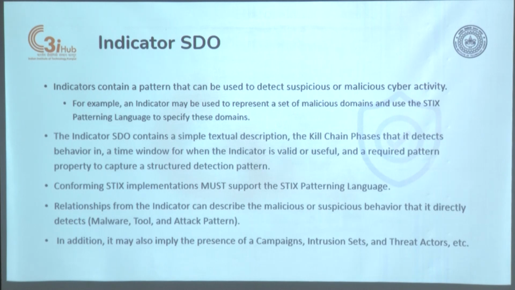So, an indicator may imply that you have a malware infection, or it may say that some tool is being used against you, or you might see an attack pattern, or you might see a campaign, intrusion set and threat actor. So, for example, initially you are the first one to see that indicator.